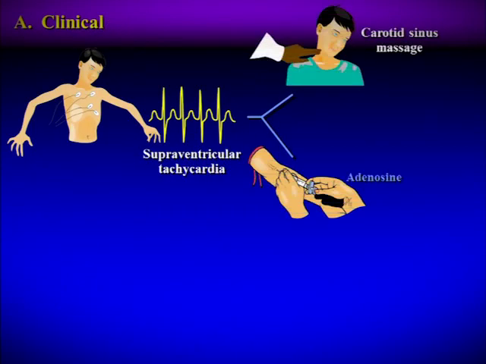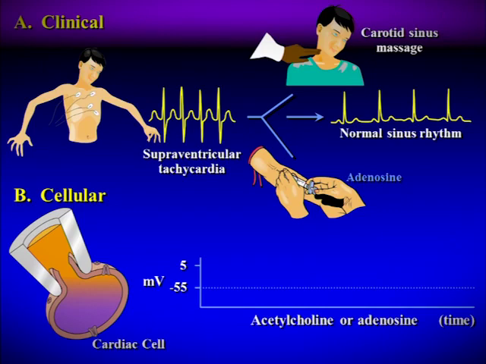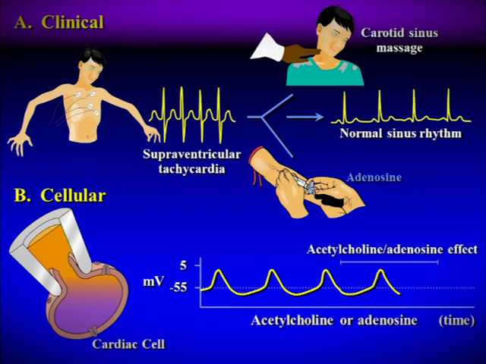So whether we try to break the SVT by doing a carotid sinus massage and activating cranial nerve 10 to release acetylcholine from the vagus nerve, or we pharmacologically give adenosine fast, what we're doing is we are targeting, at the cellular level, a population of potassium channels and turning them on, thereby providing a force that tries to drive the cell membrane potential more negative, and in doing that, makes it take longer for the next upstroke. So for the boards, that's what SVT maneuvers are doing.